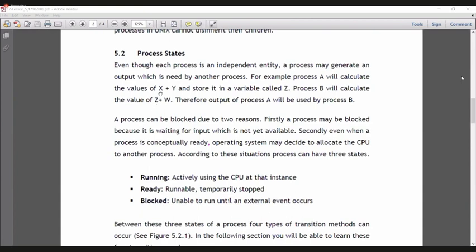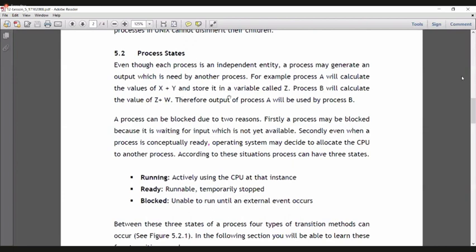Process B requires the value of z, but this value is calculated by process A. Process A has to calculate the z value, which is x plus y. Right?